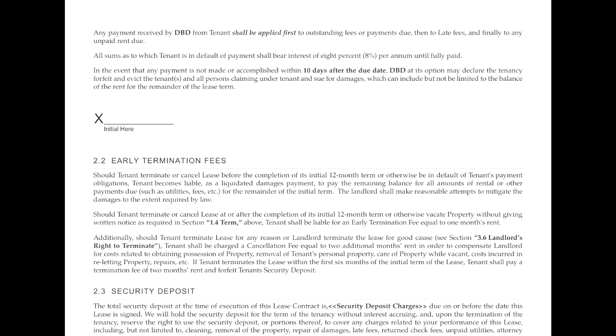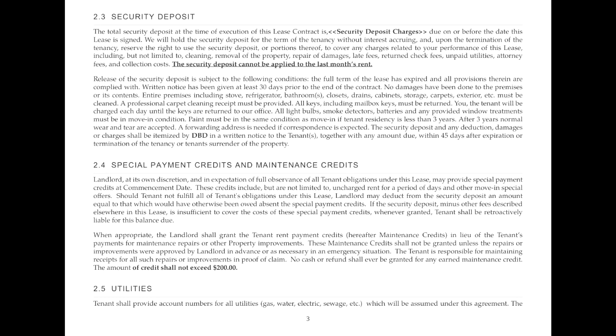Landlord should make all reasonable attempts to mitigate the damages required to the extent of law. Should the tenant terminate or cancel the lease at or after completion of its initial 12-month term or otherwise vacate the property without giving written notice, the tenant shall be liable for an early termination fee equal to 1 month's rent.